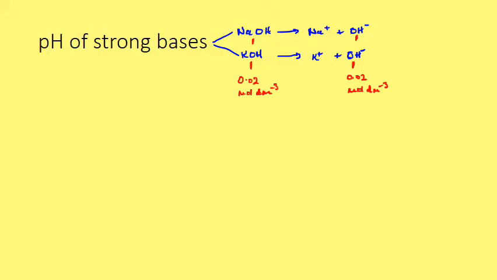The ionic product of water is the concentration of hydrogen ions times the concentration of hydroxide ions. If we are given the ionic product of water and we can work out the hydroxide ion concentration, then we can work out the hydrogen ion concentration.